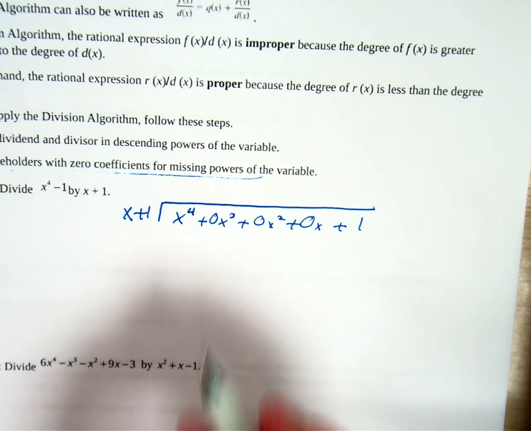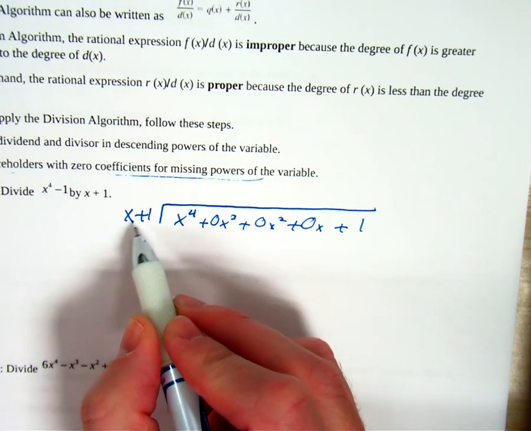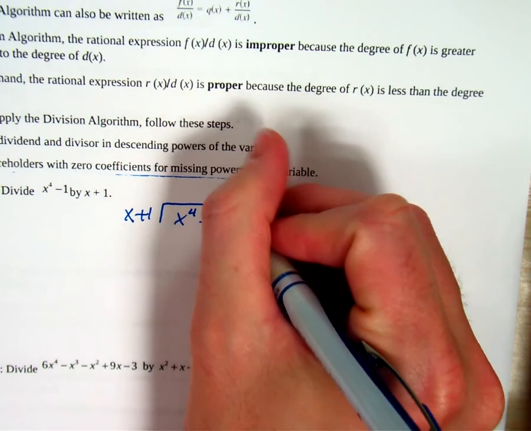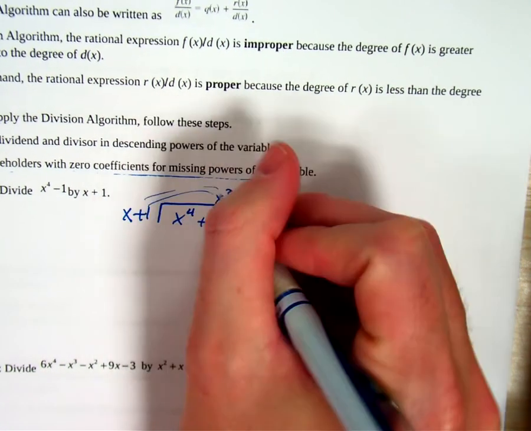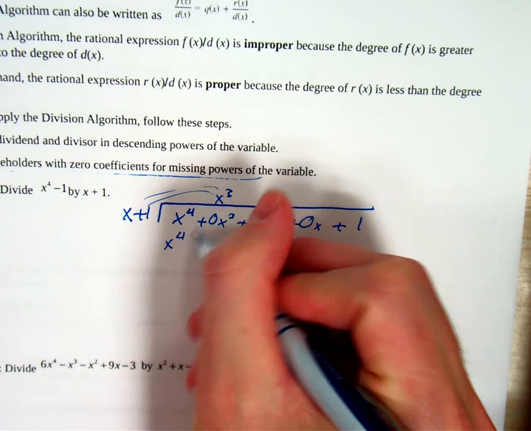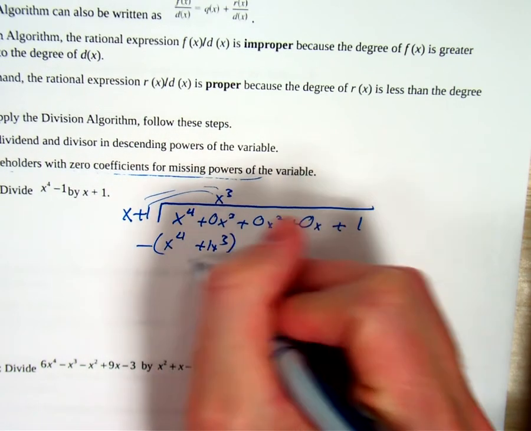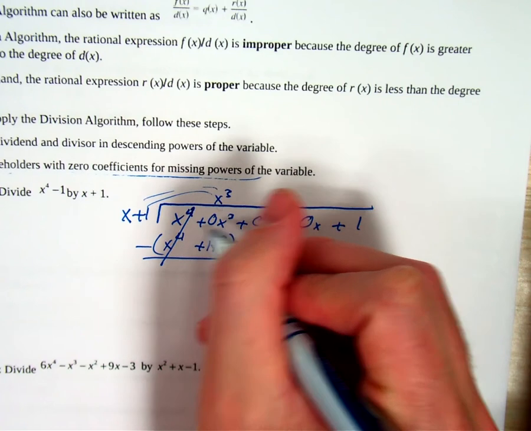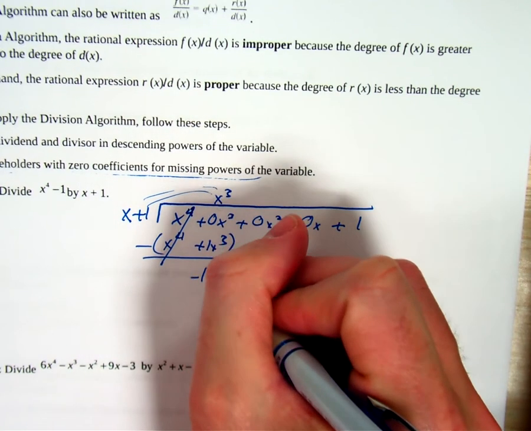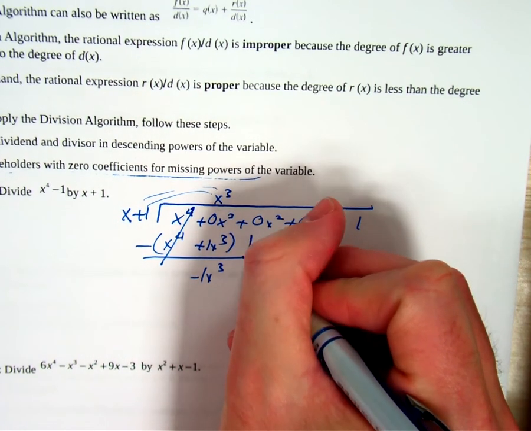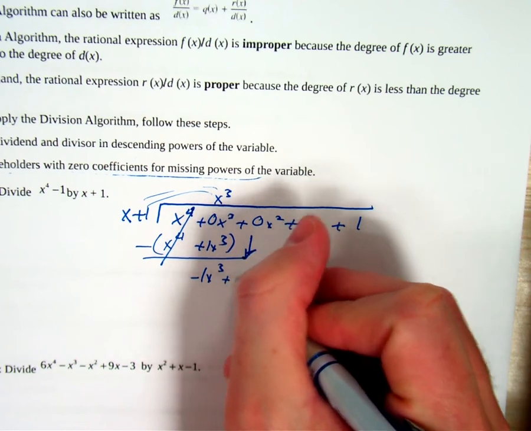All right. X to the 4th divided by x is going to be x to the 3rd. Multiply it back. X to the 4th plus 1x to the 3rd. Subtract down. 0 minus 1 is a negative 1, x to the 3rd. Bring down the next one, plus 0x squared.